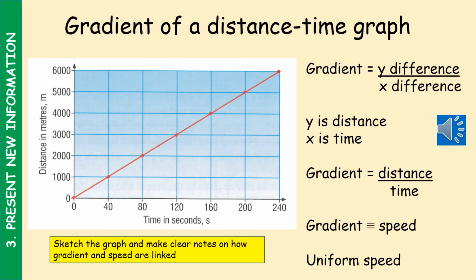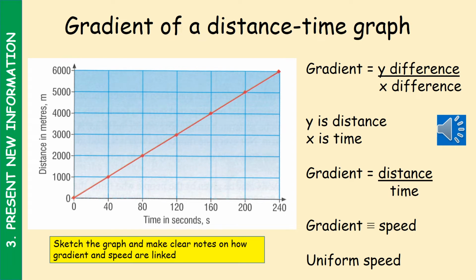Now we know from our maths that the gradient of a line is the difference on the y-axis divided by the difference on the x-axis. So if we were to choose any point along this straight line, let's choose the period between 40 and 80 seconds. At 40 seconds, the vehicle is 1000 meters along the road.